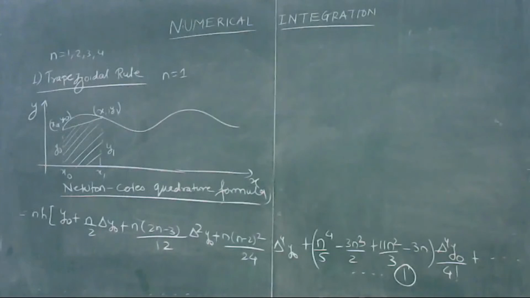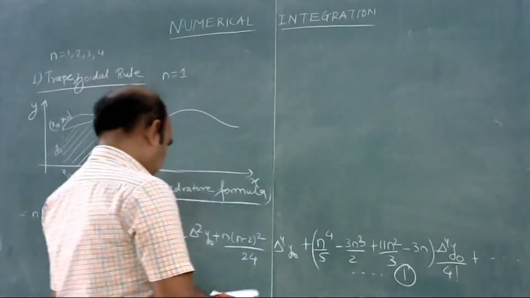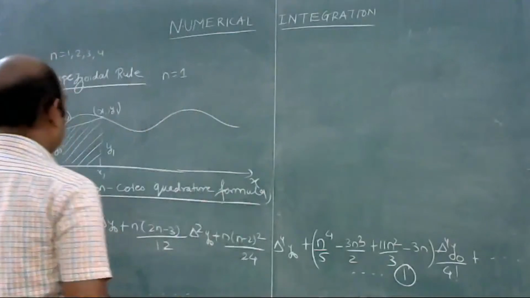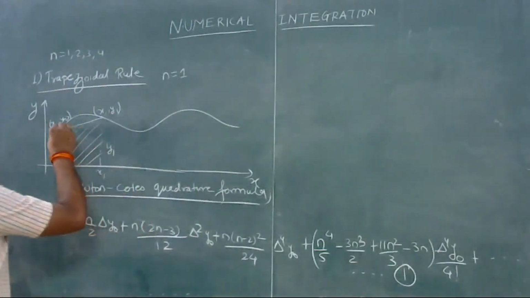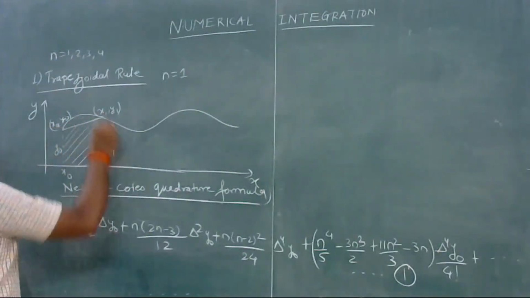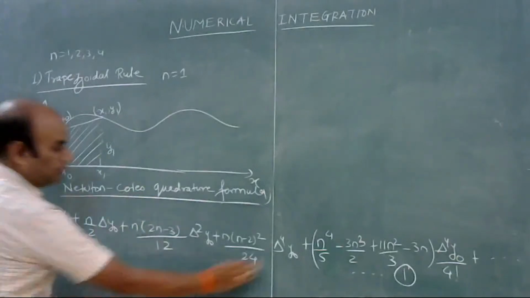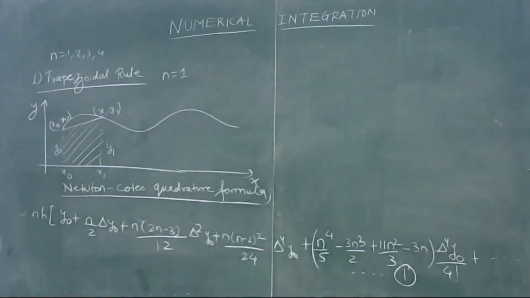It's a straight line, the polynomial of the first order, so the differences of higher order than the first become 0. So this is a straight line, and the higher orders will be 0 here. So this is the polynomial of first order.